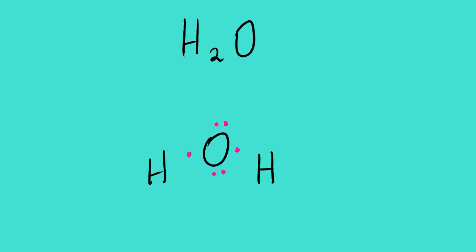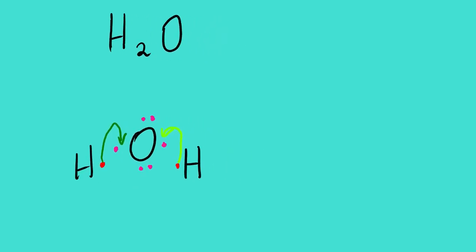It needs 2 electrons to reach its octet state, and then hydrogen has 1 electron. So this is what will happen. This one will bond with this hydrogen electron. Then this one will also bond with this electron, and then we are going to have something like this.